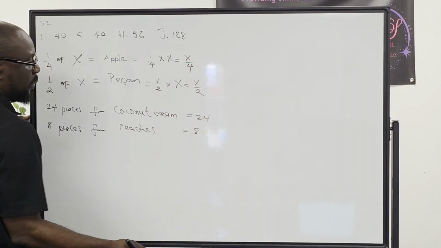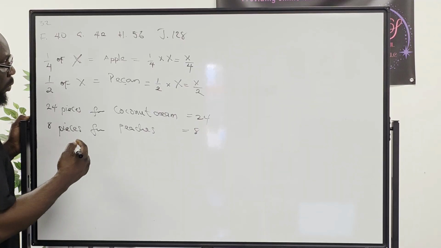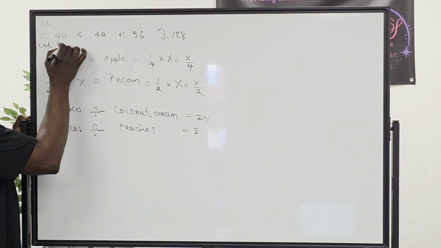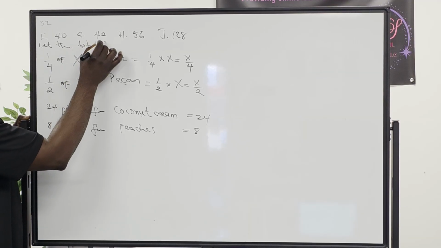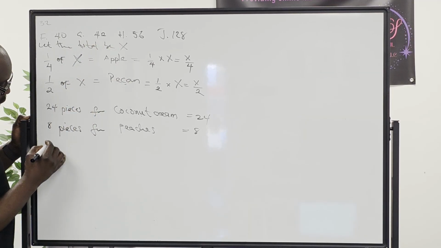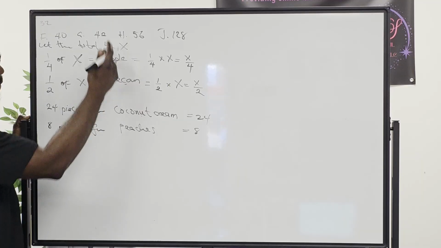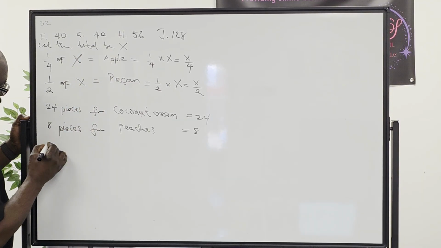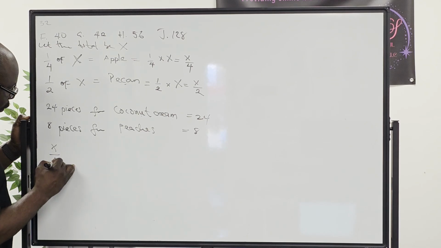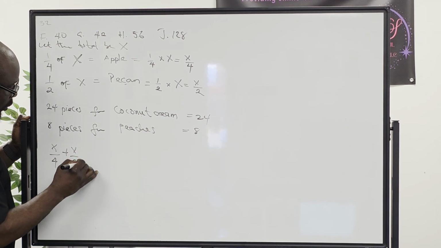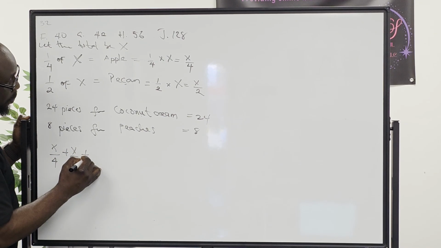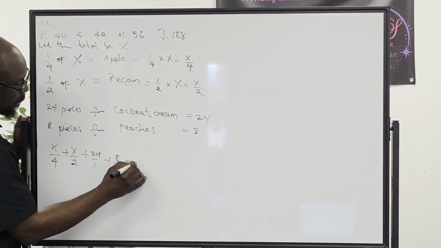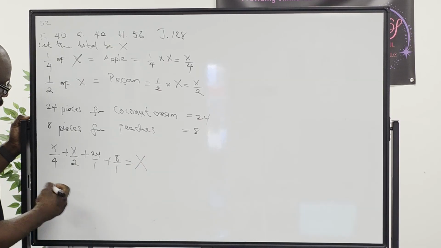So now we can add everything together, and it should give us the total. Let the total be x. So we have x/4 plus x/2 plus 24 plus 8 should give us x, which is the total.